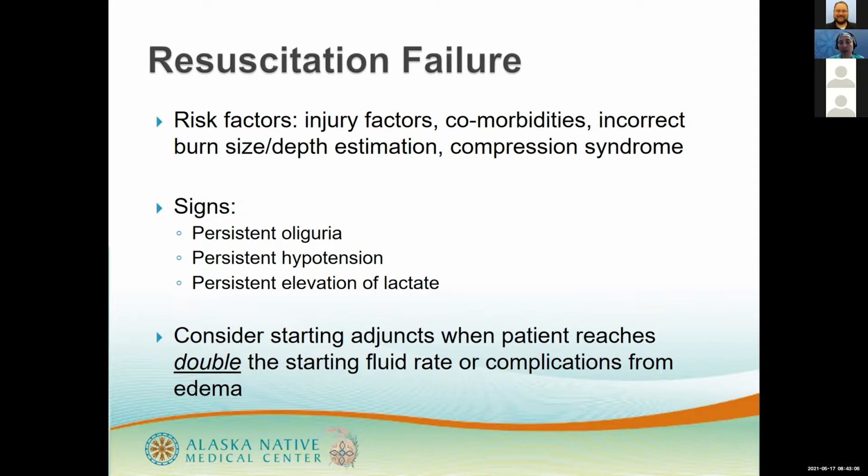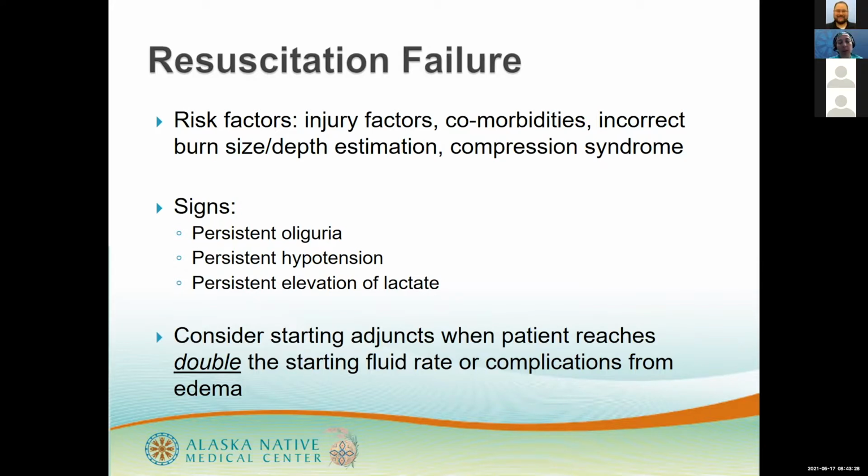The other thing that can lead to resuscitation failure is compression syndrome, which we'll talk a little bit about. Signs of resuscitation failure are going to be persistent oliguria, persistent hypotension, and persistent elevation of lactate. So if you have oliguria for 4 hours or more, you're starting to have a resuscitation failure.